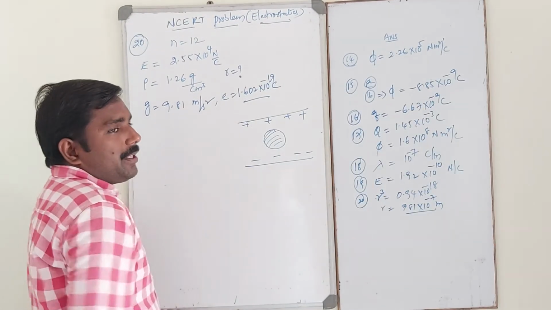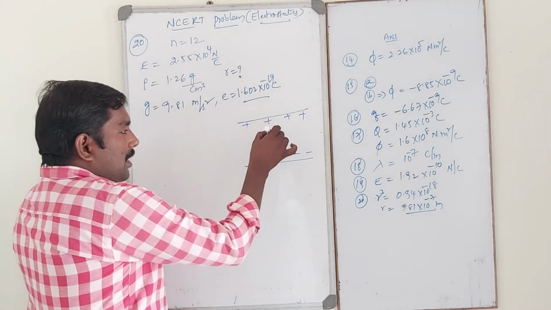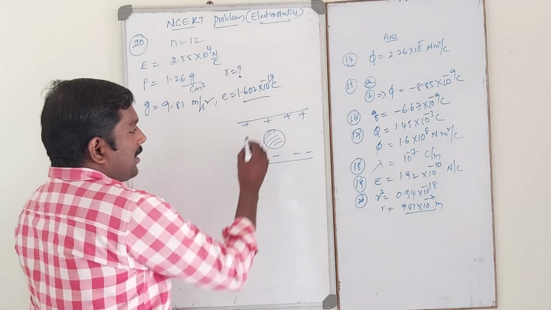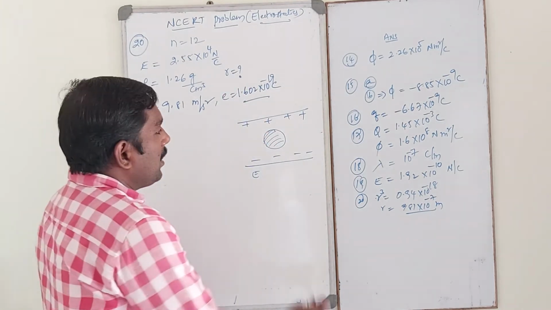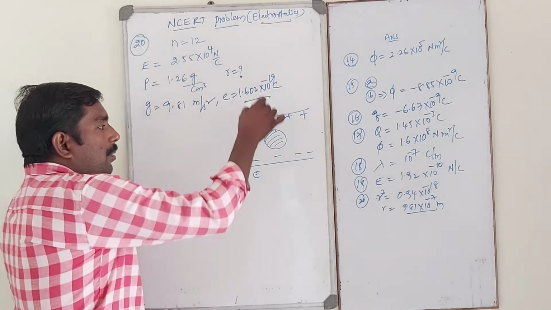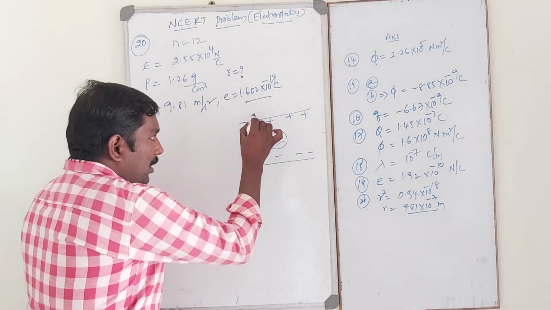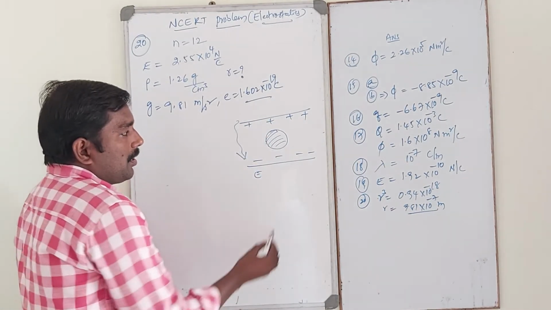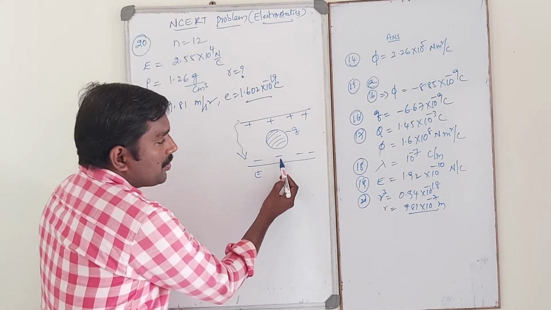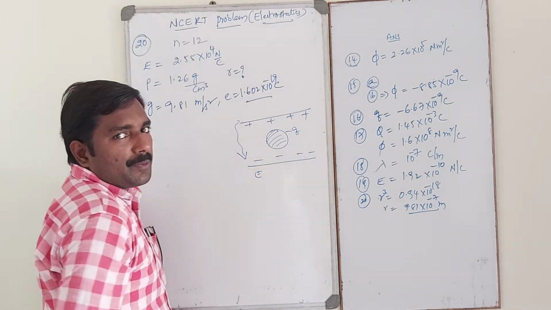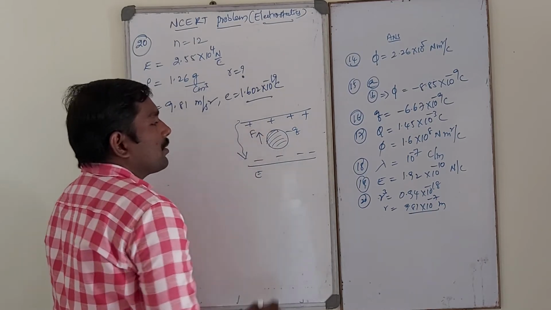Held stationary means, suppose this is the electric field region and the oil drop is released in it. The oil drop is negatively charged, and as it falls downwards, the lower plate is also negatively charged, so there exists a repulsive force between them, radially outwards. This is the force direction.